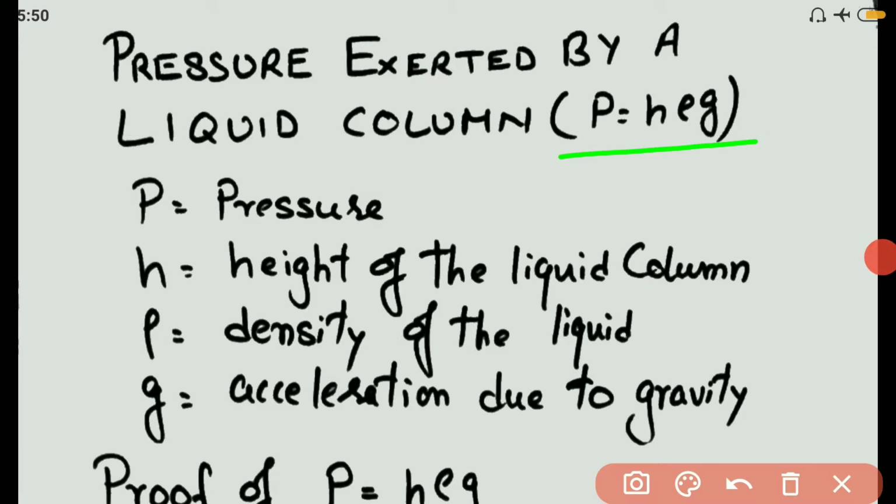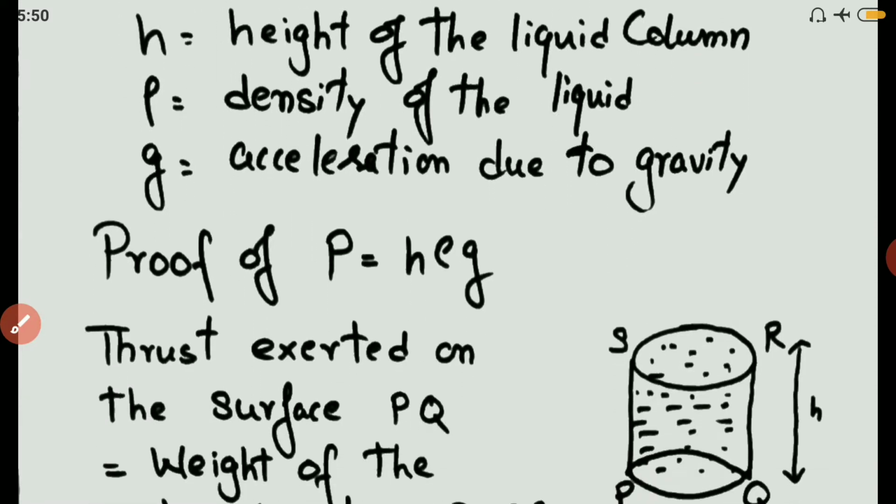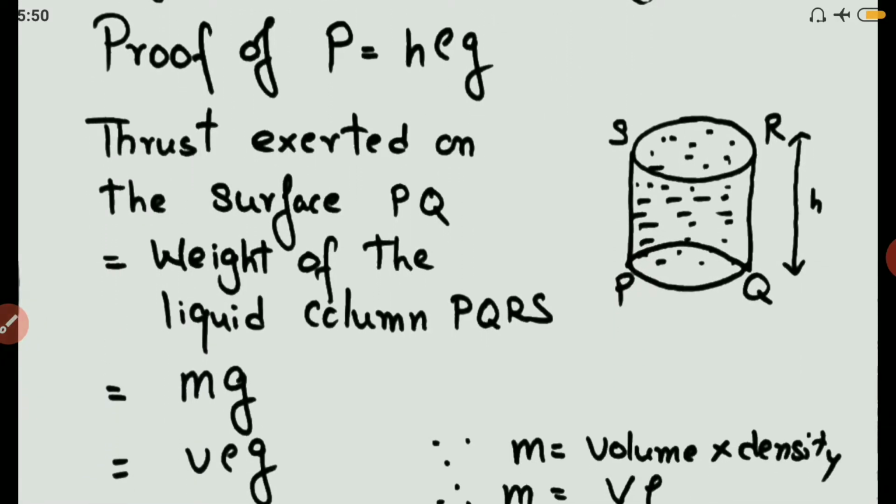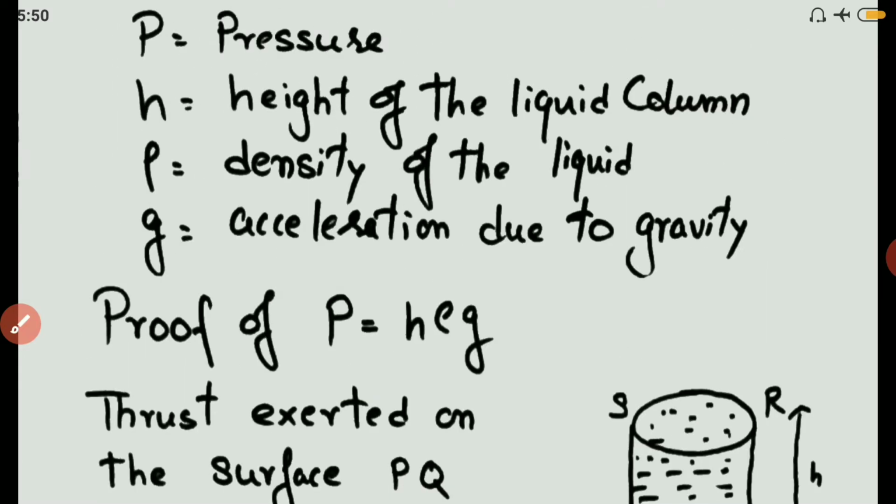Here P stands for pressure, h stands for height of the liquid column or depth of the liquid, rho stands for density of the liquid, whereas g stands for acceleration due to gravity. Combining all this, we get the expression P equals h rho g, where rho is the density of the liquid.